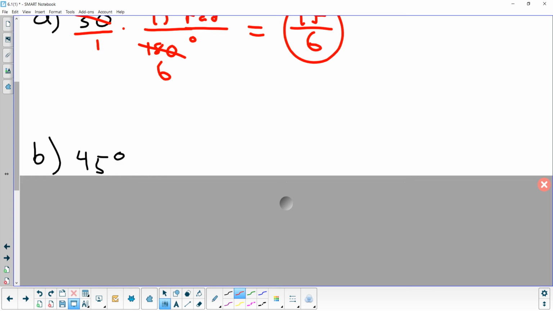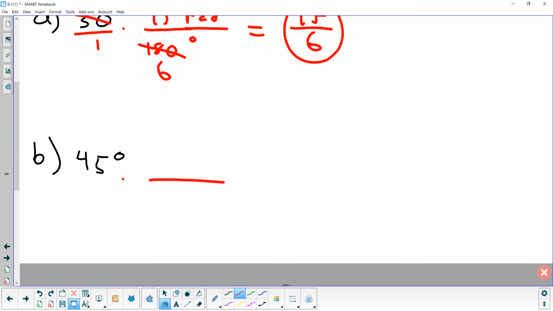All right, let's try this one. Converting 45 degrees. All right, what would go in the top for this one? What unit? Radians or degrees? Yep, radians would be in the top.